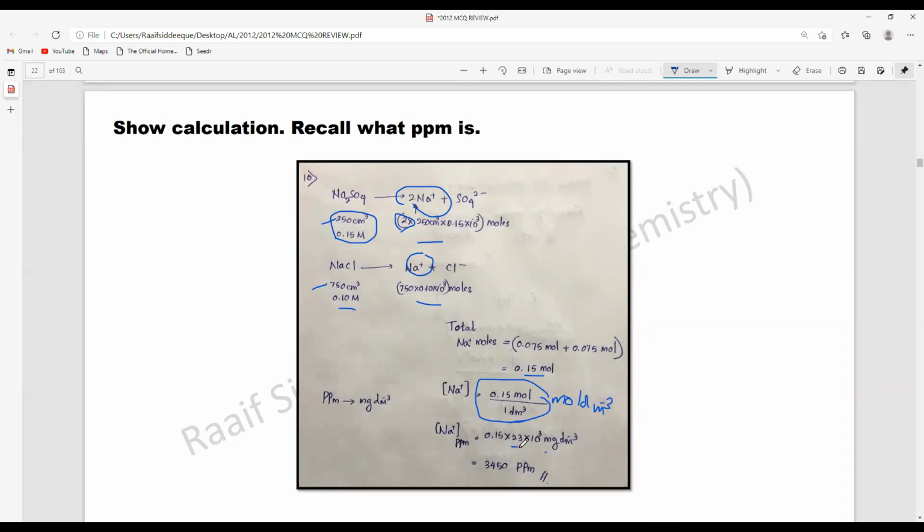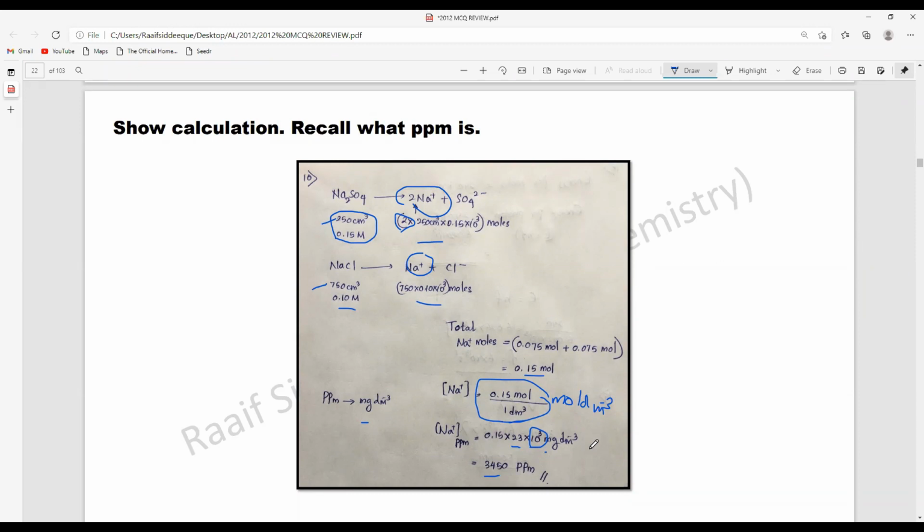The molecular weight is 23 gram per mole. But you need it in milligram, that is why I have to multiply this by a factor of 10 to the power 3 to convert gram into milligram. So at the end of this, the result will be a ppm of 3450.